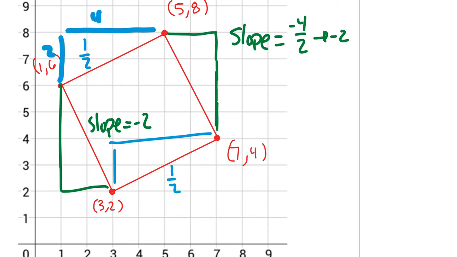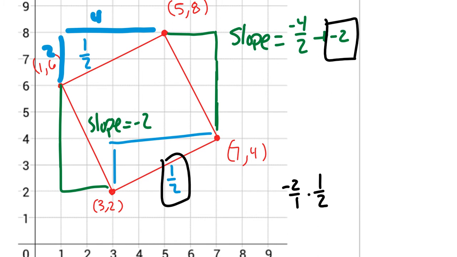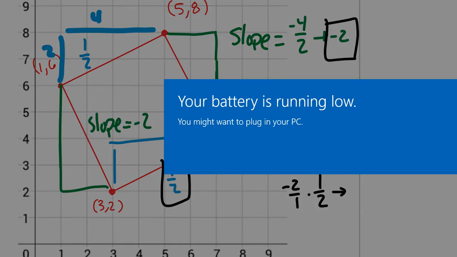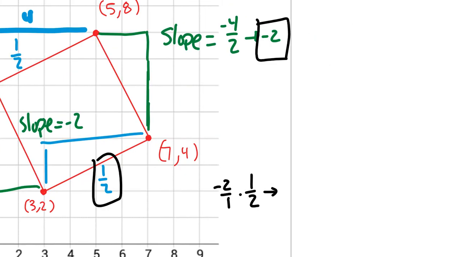But also, check this out. One of the slopes was negative 2, the other slope was 1/2. So those slopes are opposite in sign and reciprocals. Another way of thinking about it is if I take negative 2 and multiply it by 1/2, I get negative 1.